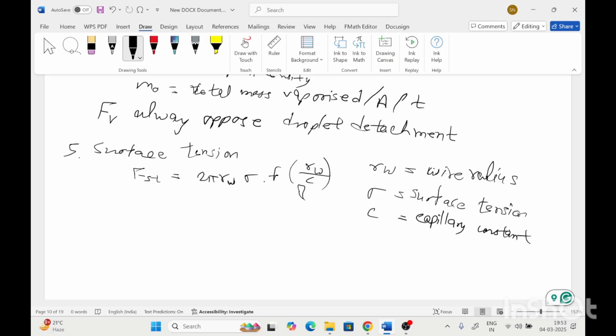The surface tension depends on the mode of transfer and the composition of the electrode.